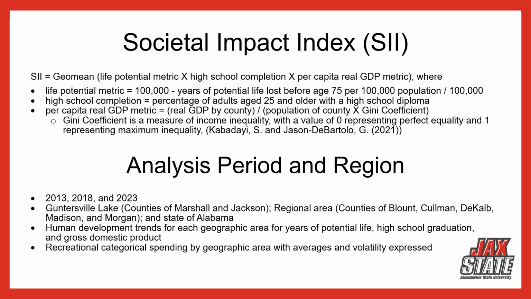The life potential metric is looking at the potential years of life lost. So in other words, if an area, a county, has a higher societal impact index, then they should have less life lost.